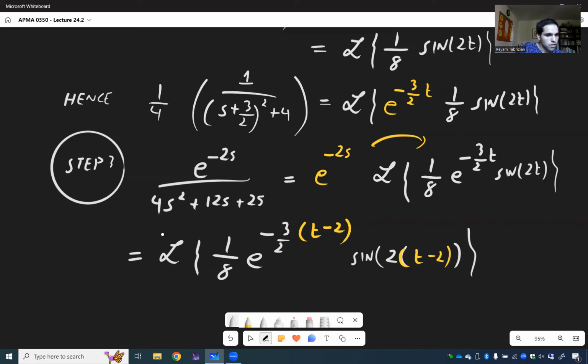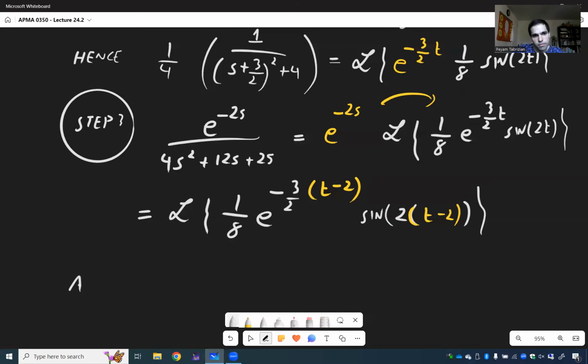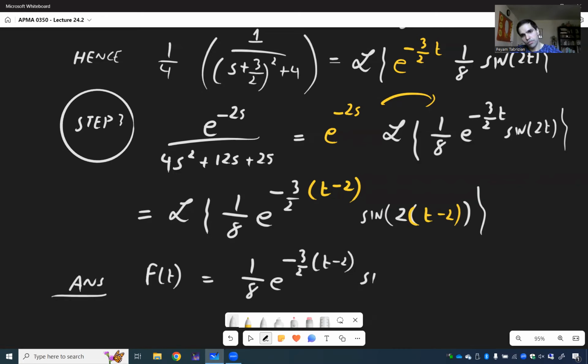So that becomes our answer. Our answer, f of t, is 1/8 e to the minus 3/2 (t minus 2), and then sine of 2(t minus 2).